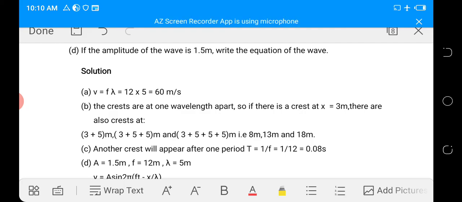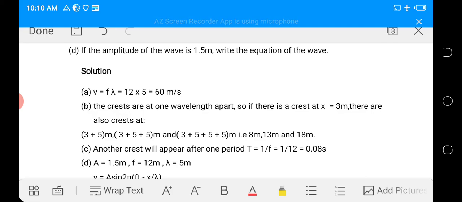Therefore, the next crest will be at 3 plus 5, which is 8 meters. The next one will be at 8 plus 5, which is 13 meters. And the next one will be at 13 plus 5, which is 18 meters. Therefore, the next 3 positions of crest will be 8 meters, 13 meters, and 18 meters, after the first one, which was at 3 meters.